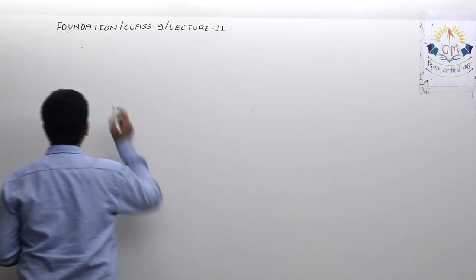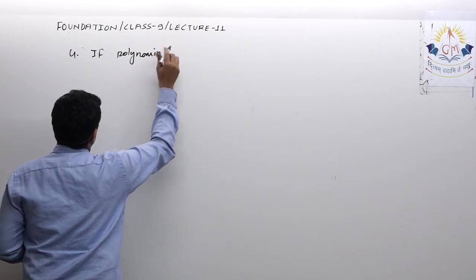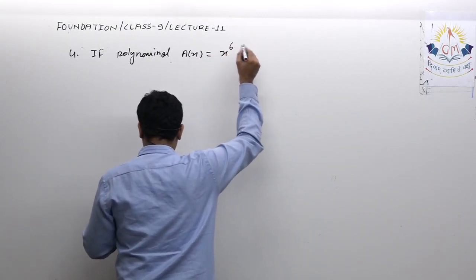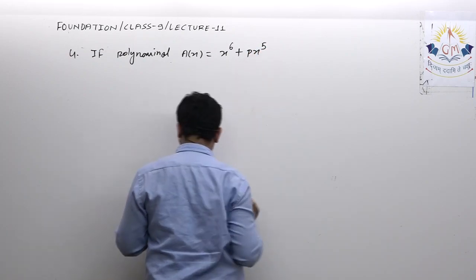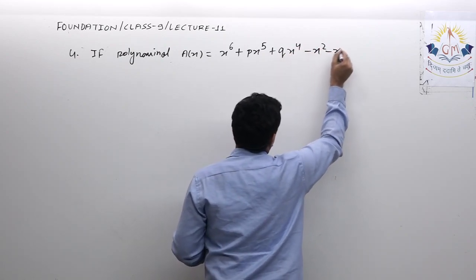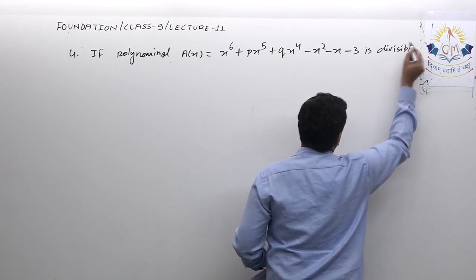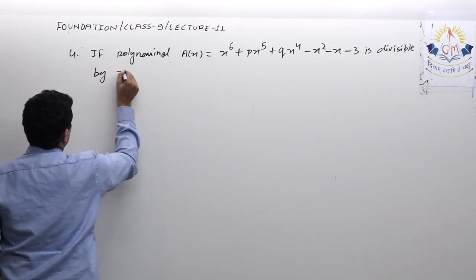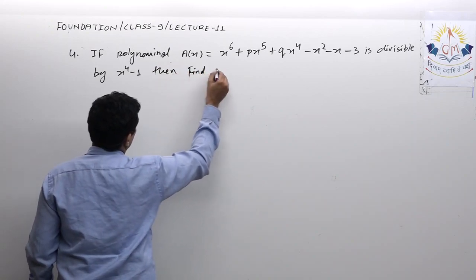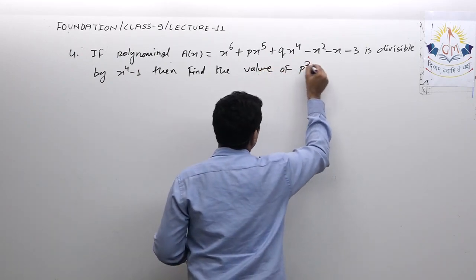Next question is, if the polynomial ax = x raised to 6 plus px raised to 5 plus qx raised to 4 minus x square minus x minus 3 is divisible by x raised to 4 minus 1, then find the value of p raised to 2 plus q raised to 2.